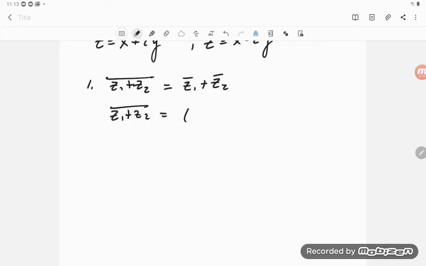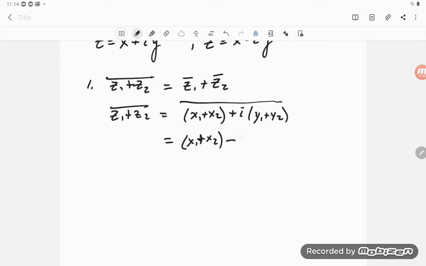Then the sum is x1 plus x2 plus i times y1 plus y2. And we want that conjugate, which is x1 plus x2 minus i times y1 plus y2.